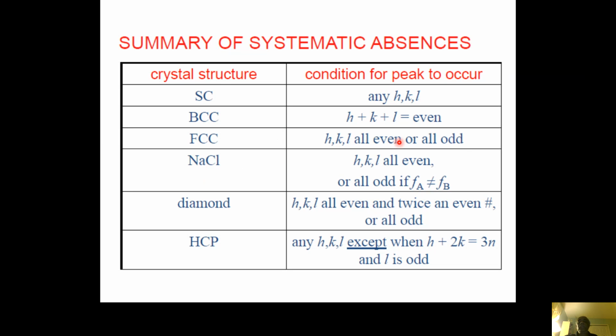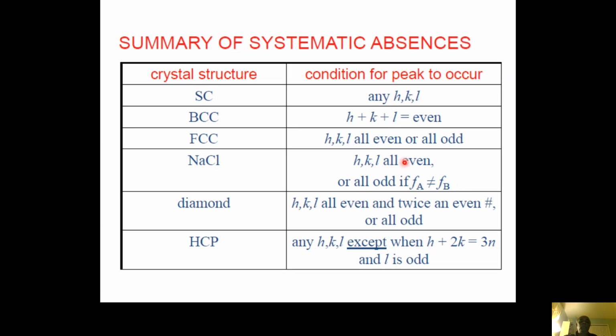So sodium chloride, you get HKL. When it is even, you get the primary reflections. But you get the superlattice or weak reflections when FA is not equal to FB, when everything is odd.